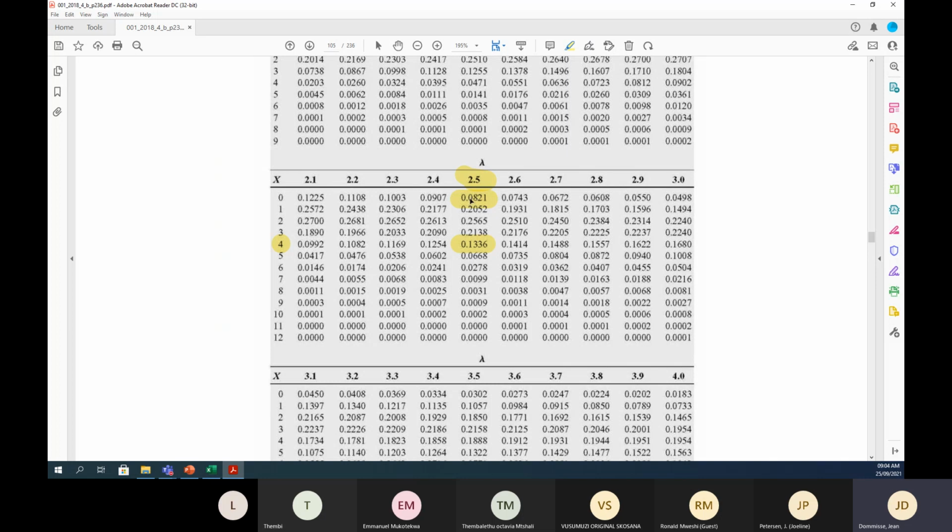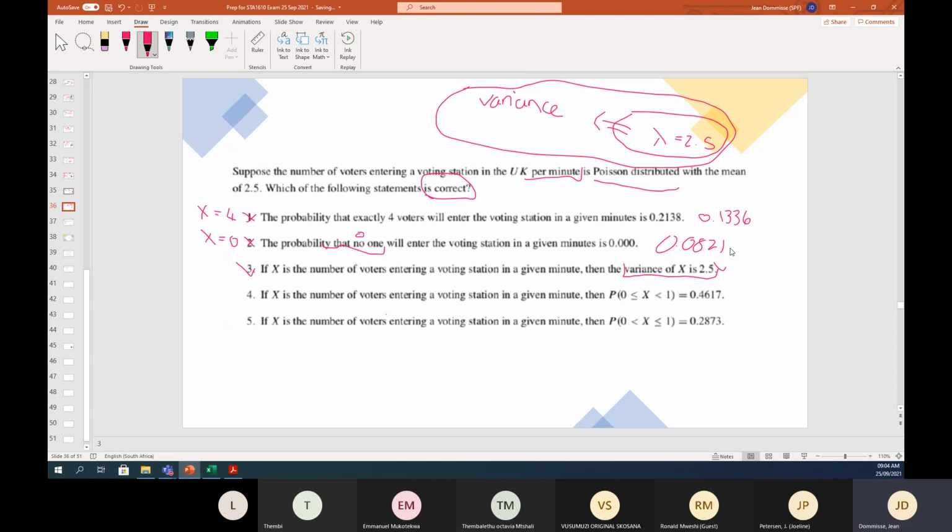So it would be the 0.0821 again. Now you can also see the different way that they could have asked it.